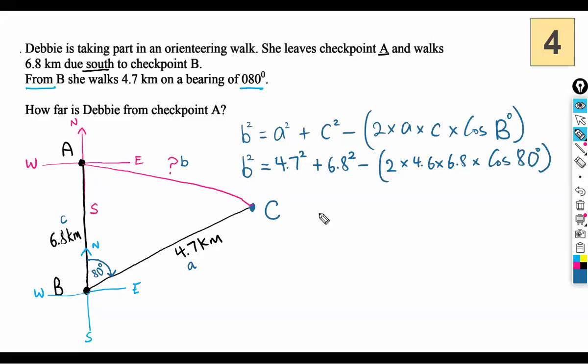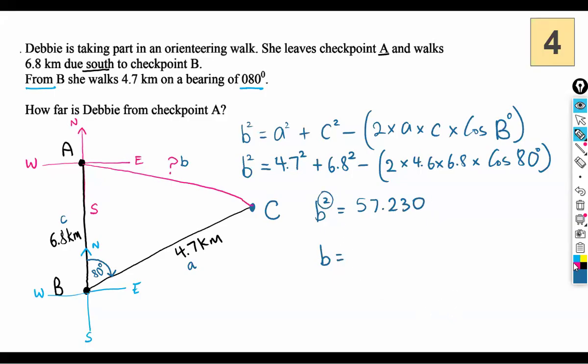We could type in that straight on the calculator. 4.7 squared plus 6.8 squared. I'm getting this. 57.230. I hope you guys have that.